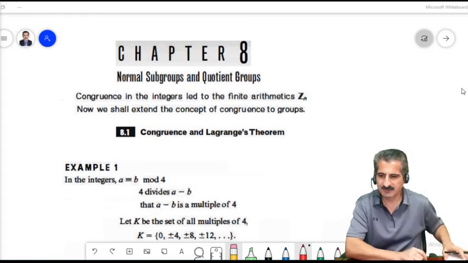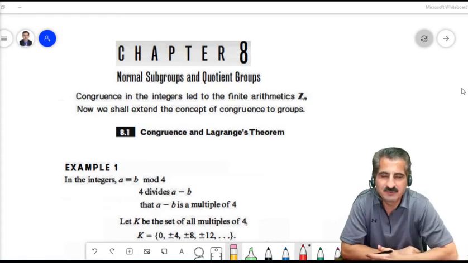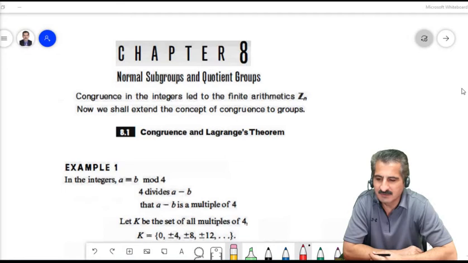So in chapter 8 we will learn about normal subgroups and quotient groups. Basically, we will generalize what we learned about congruences in Zn when we worked in modular arithmetic.